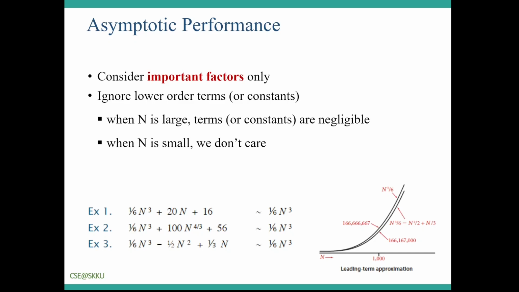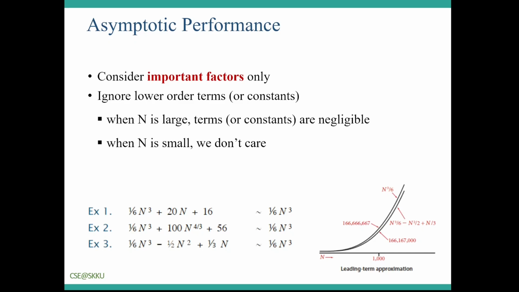In other words, if it has both an upper bound and a lower bound defined by the same function g(n). Okay, until now, I just explained the definition of asymptotic notation, big O, big omega, and big theta.